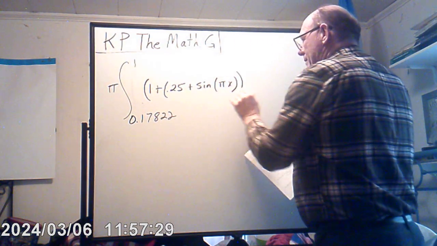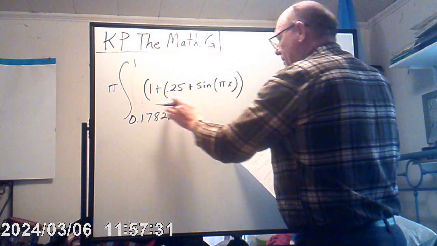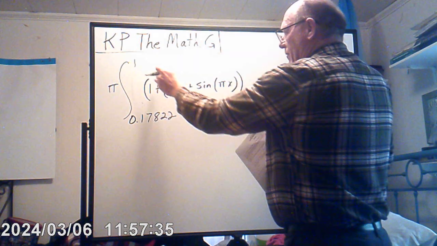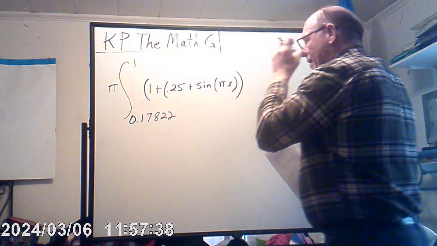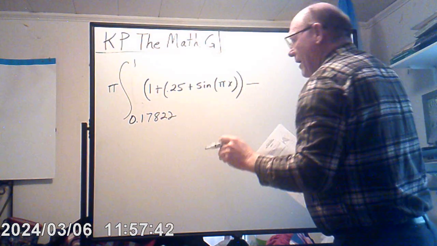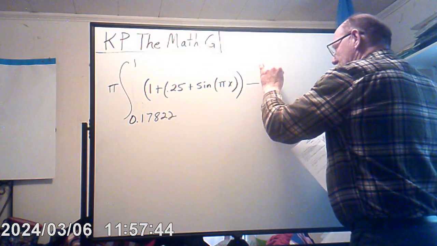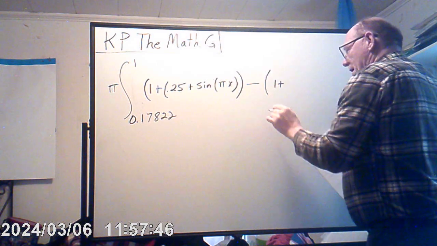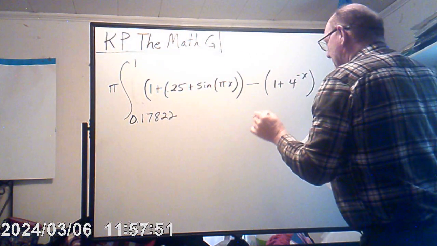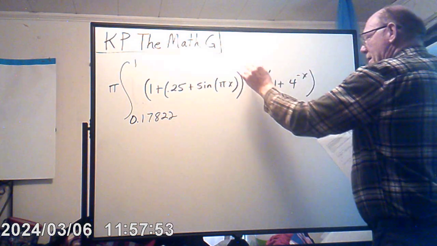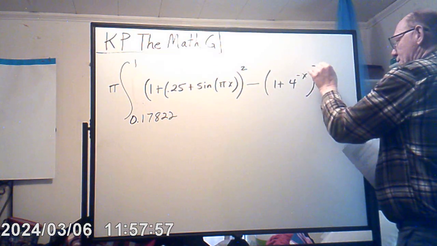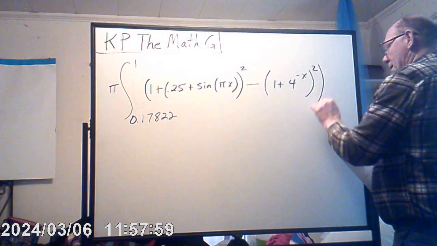The idea behind this is to make sure you have the same number of parentheses in the end. So minus, again, 1 plus 4 to the negative x, like that. Squared, by the way, all of this is squared. And then squared here, and then close.